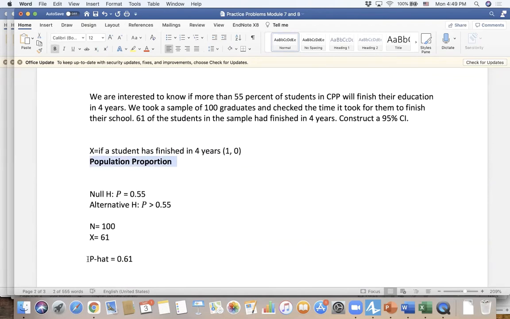And I look at sample proportion, or P hat, as a point estimate for this population proportion. So sample proportion, or P hat, gives me a point estimate for P. Confidence interval gives me an interval for P. And test of hypothesis helps me to test some hypothesis if P is greater than something, less than something, equal to something, not equal to something.